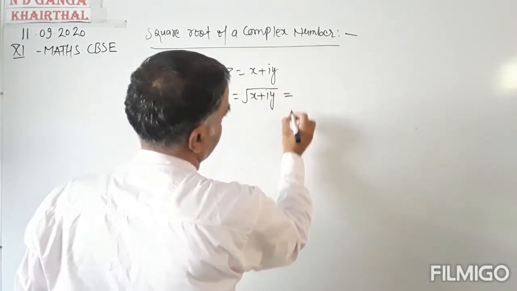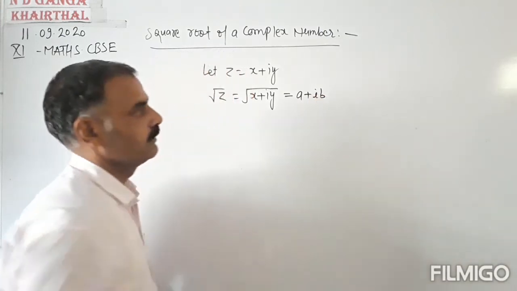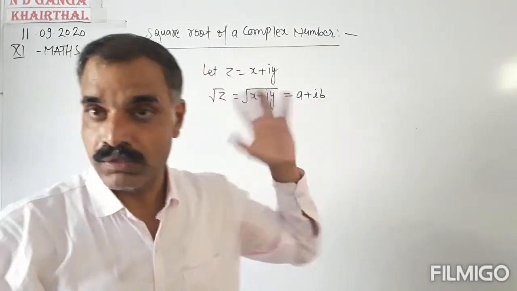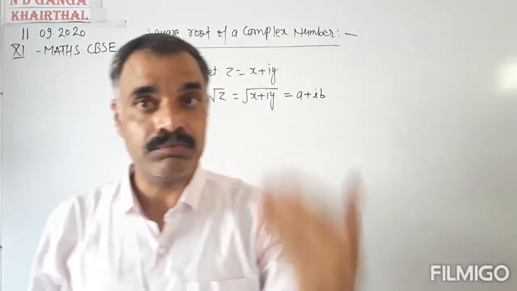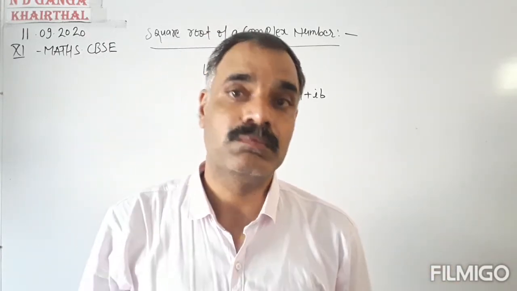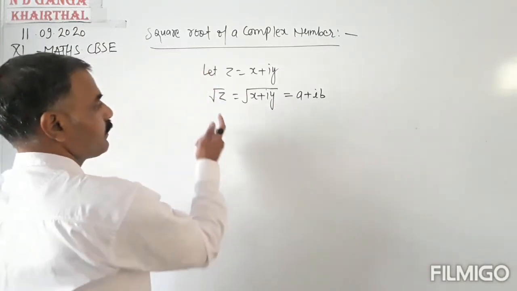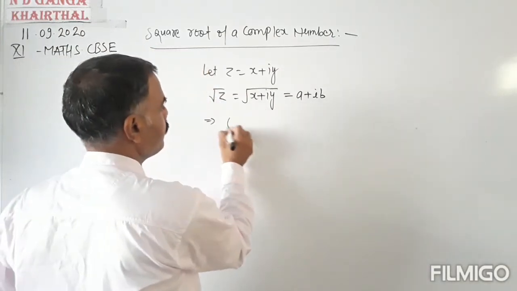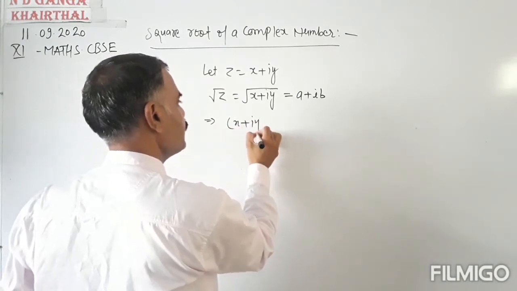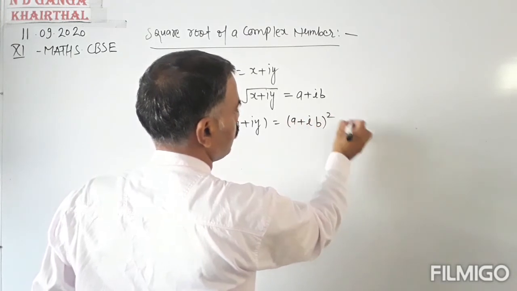Let this square root be a plus iota b. Squaring, we have x plus iota y equal to (a plus iota b) whole square.